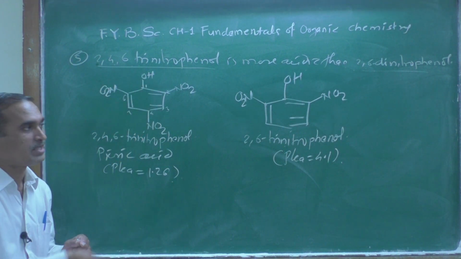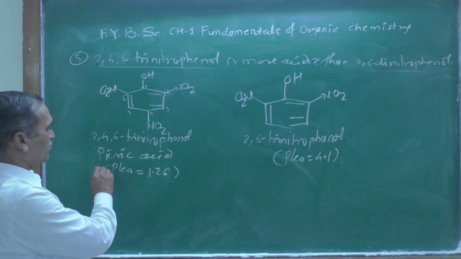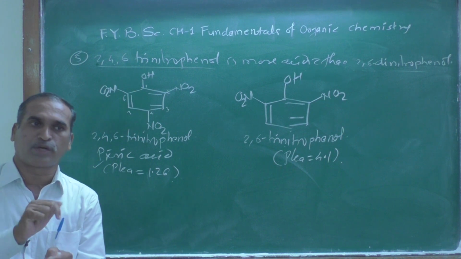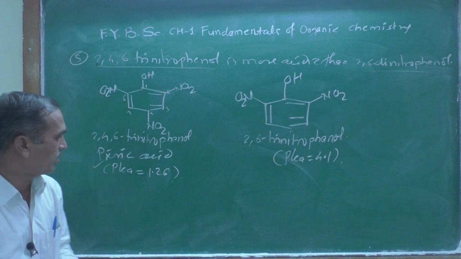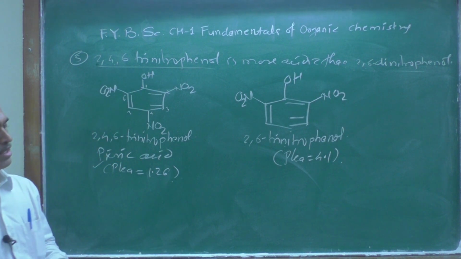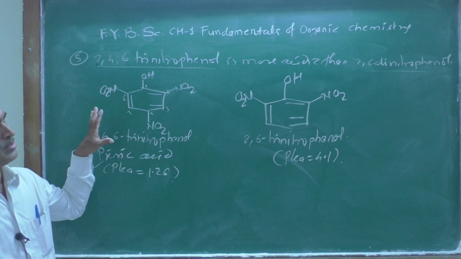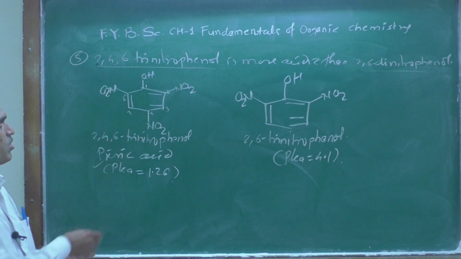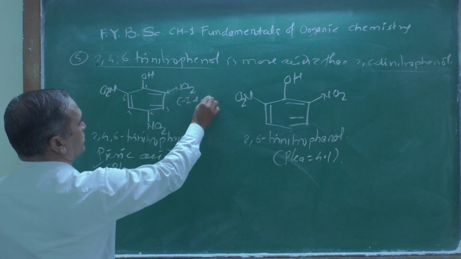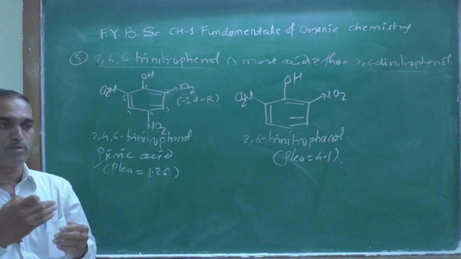On the basis of their pK value, you can clearly say that those organic compounds having lower pK value are more acidic in nature, and therefore by comparing their pK value we can easily say that this one is stronger, because there are 3 nitro groups, and as we know the nitro group exerts minus I inductive effect as well as minus R effect, both are increasing.